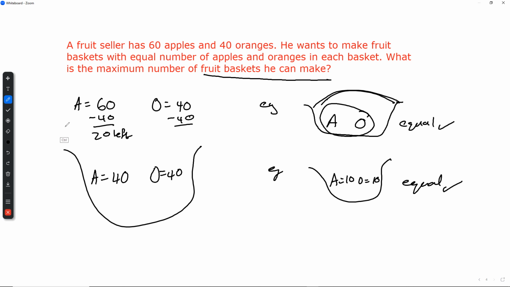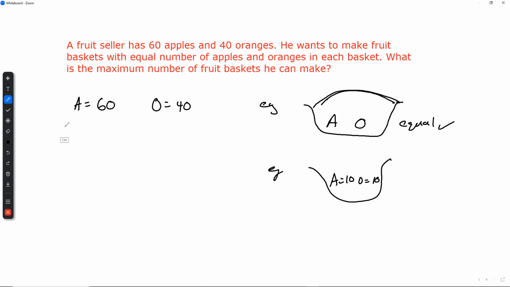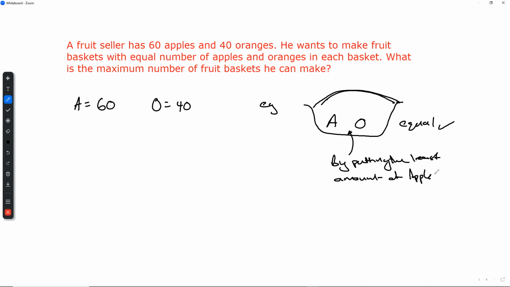Let's have a look at it and say, okay, well, if we have to have a maximum, then we have to put the least amount of apples or oranges inside that basket. By putting the least amount of apples and oranges means that I can have more baskets.